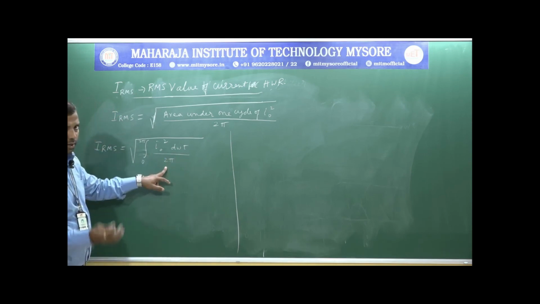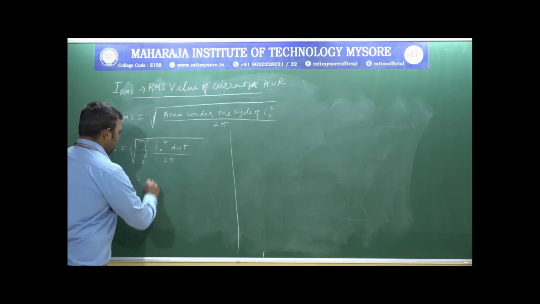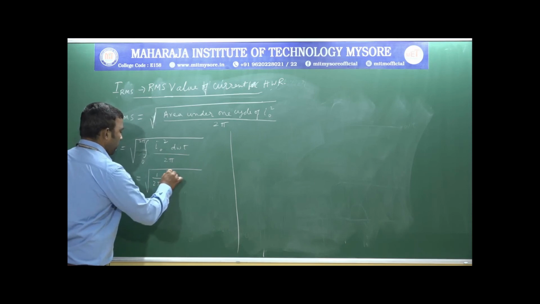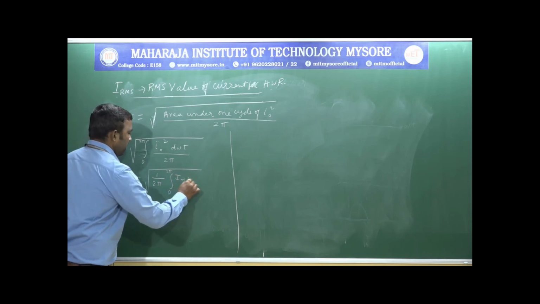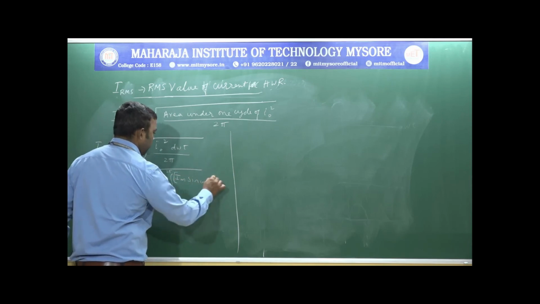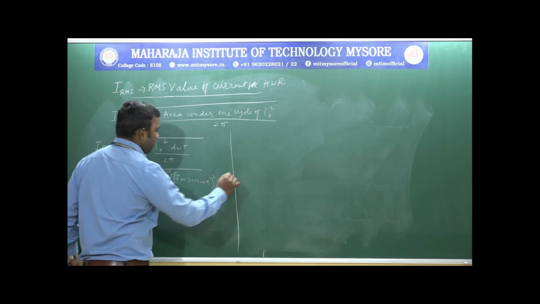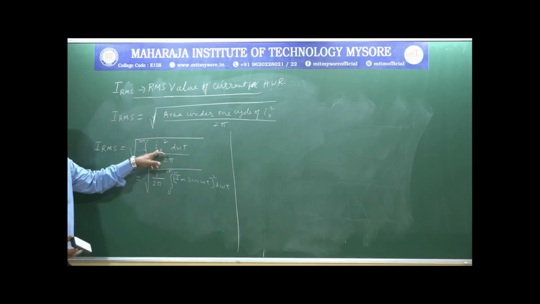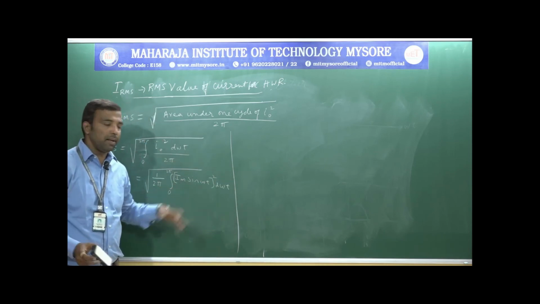And 2 pi is constant, I will take that outside: square root of 1 by 2 pi and the integration from 0 to 2 pi of Im sin omega t whole square d omega t, because I naught is nothing but Im sin omega t.